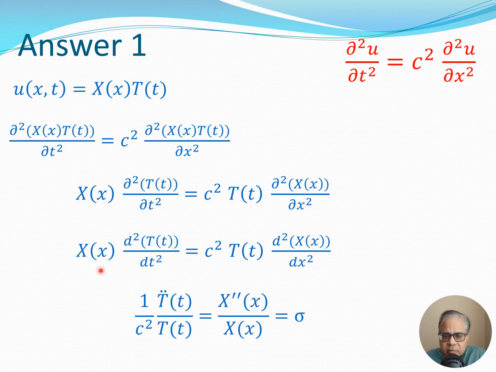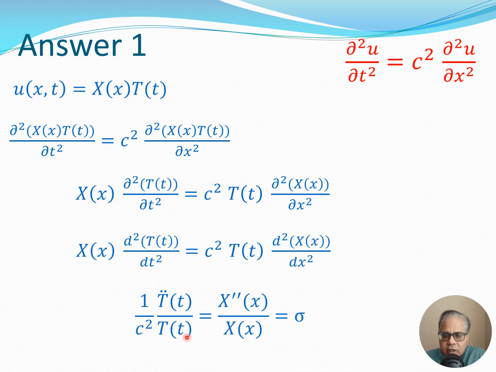I can rewrite the equation such that I bring all the terms involving time to the left hand side and all the terms involving space, or x, to the right hand side. I have used the dash nomenclature, for example X double dash, to represent the second derivative with respect to x, and the dot nomenclature, T double dot, to show the second derivative of T with respect to time. So I can write this equation in a compact form here.